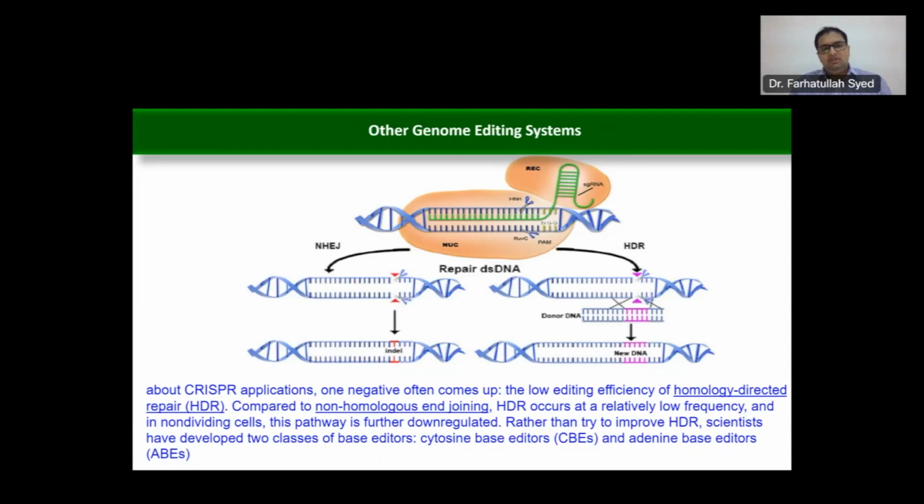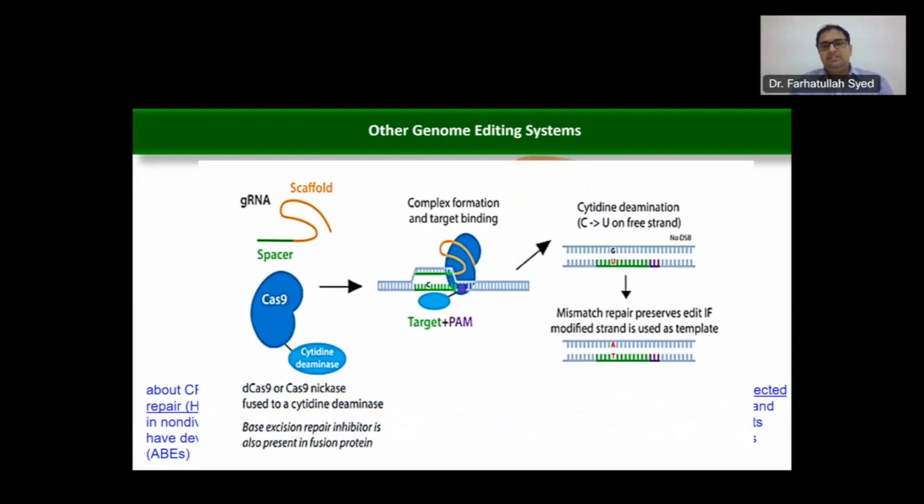Instead of making a double-stranded break, they just convert the C to T or A to G, because they have a cytidine deaminase enzyme called apolipoprotein mRNA editing enzyme, which converts the C to U changes.